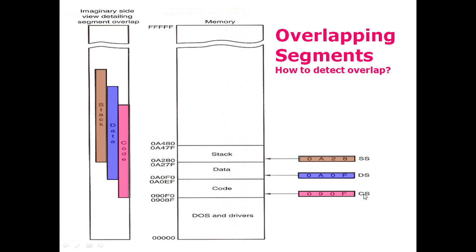The code segment register has the value 090F. So the starting address of the code segment would be 090F0, which is here. And if the content of the data segment register is 0A0F, then a 0 is appended here.